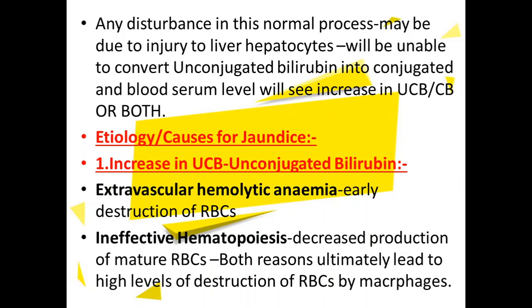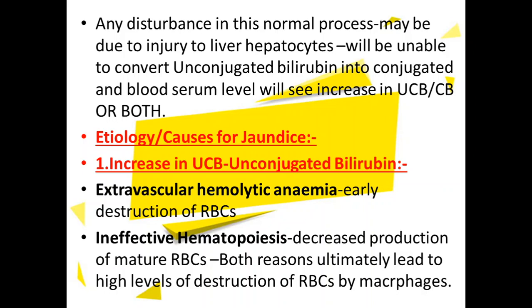So as the liver cells are injured, the unconjugated bilirubin is not able to get converted into conjugated form, and so the level of unconjugated bilirubin, even conjugated bilirubin, or both may increase, and the reason for their increase we will see further, and that is nothing but commonly we call it jaundice.